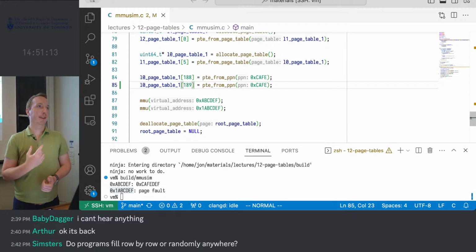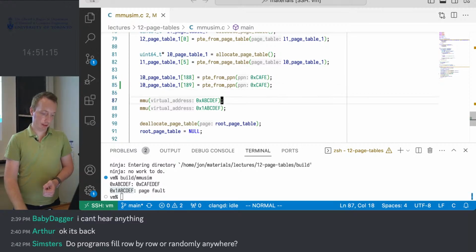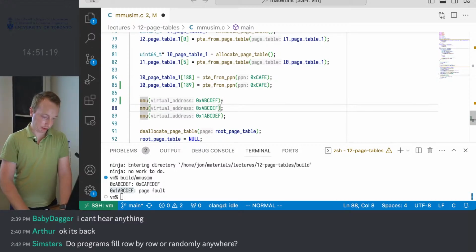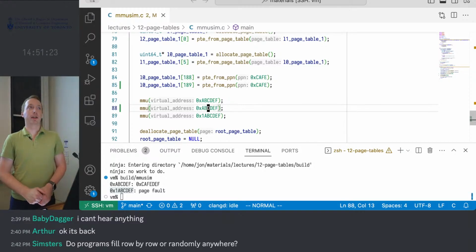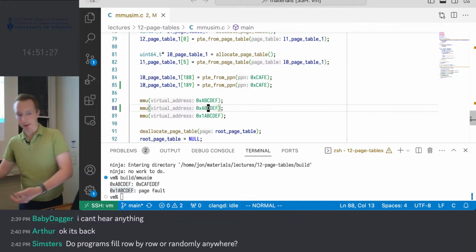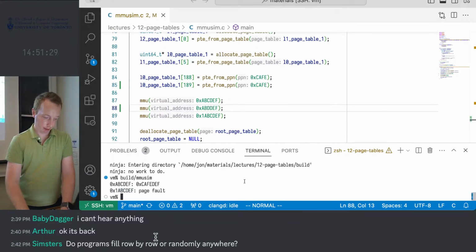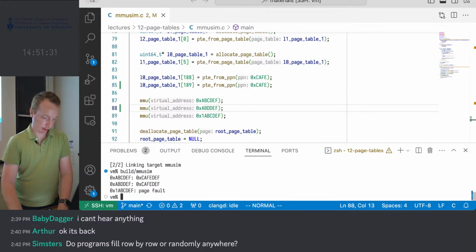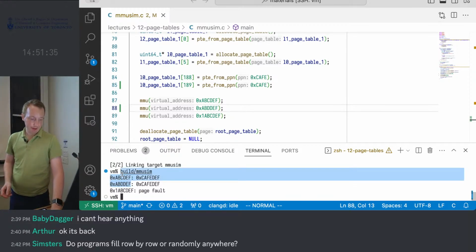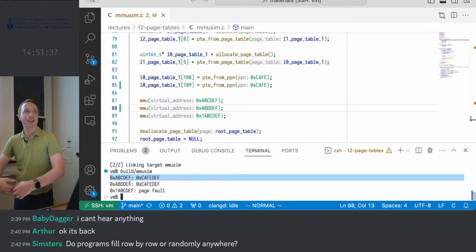Yeah, instead of ABC at the beginning, it should just be ABD. Right, I'm just increasing it by 1, same as going to the next index. Same thing. So if I do that, hey, I get 2 different addresses that correspond to the same physical address, which is fun.